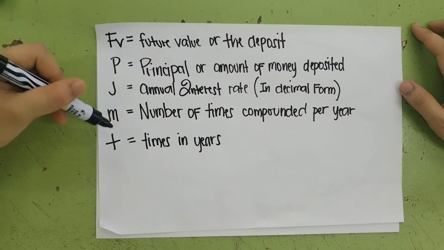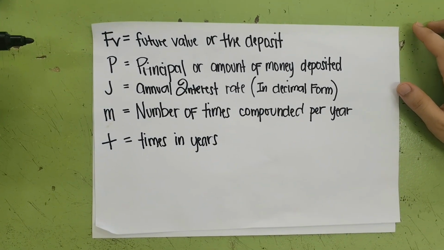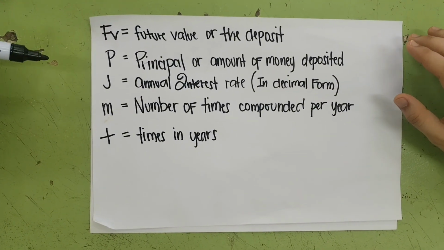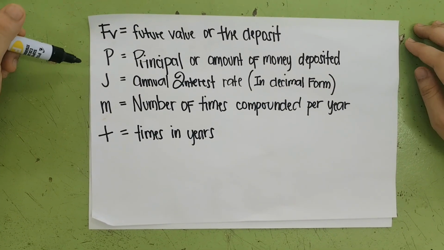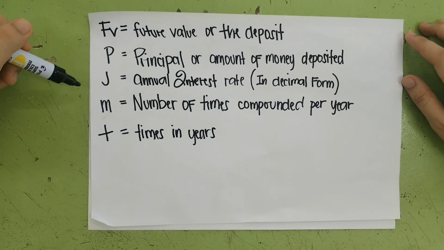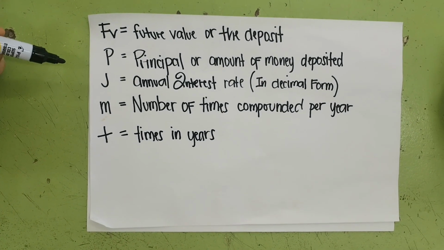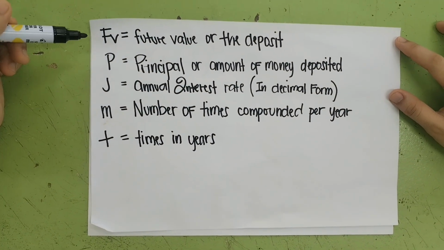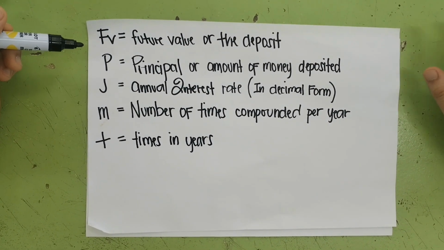So as you can see here, these are the different variables that are part of the formula in solving compound interest. And do not be confused by these different given variables because they are just arbitrary in that formula. We have here the FV that stands for the future value or the deposited amount.